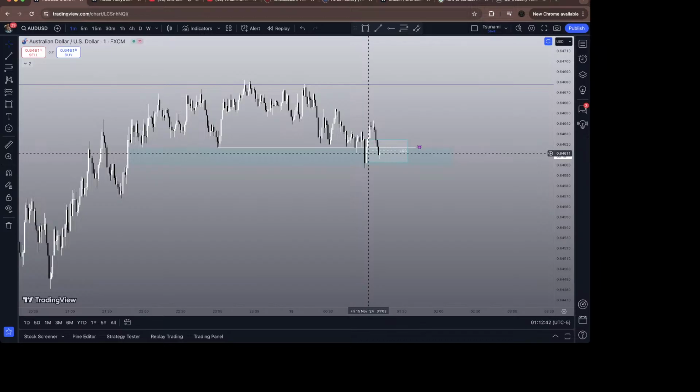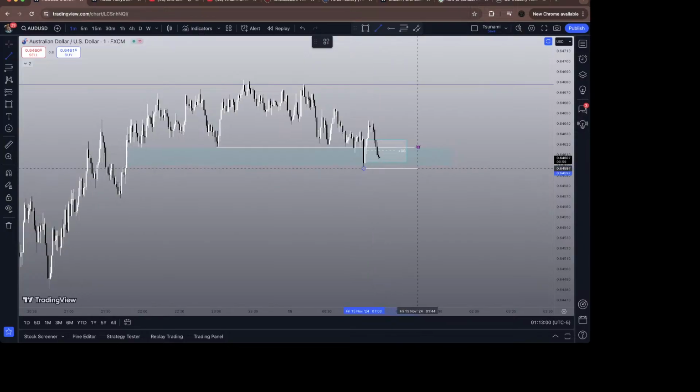We have the midline, which is the general understanding that most of the orders that should send price back up should be there. But we just closed below it. So now I'm thinking this would be one of the official signs that we are going sell side.